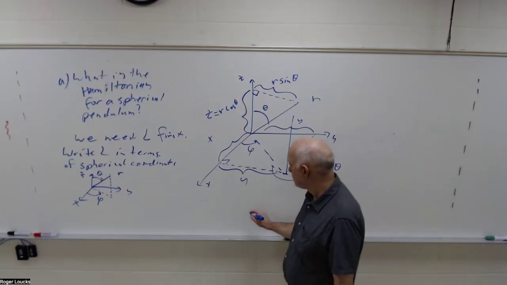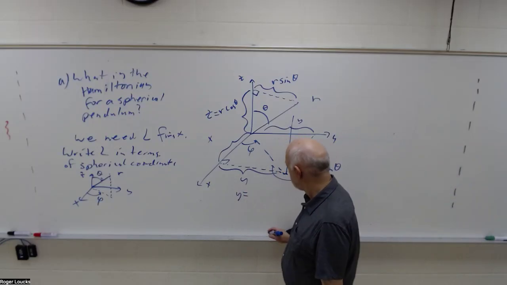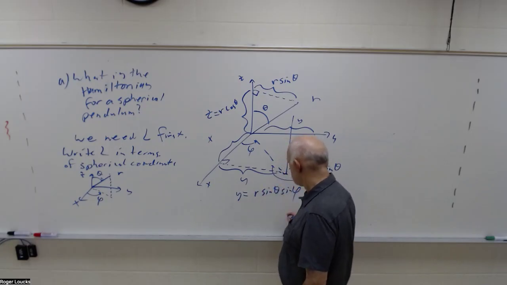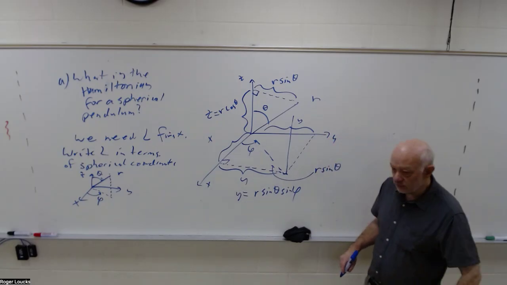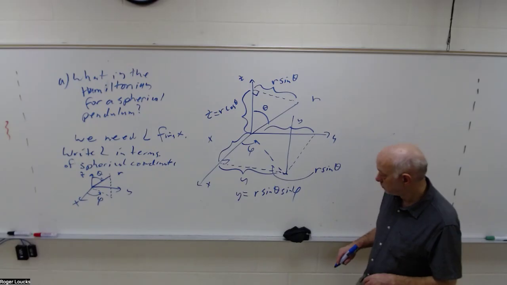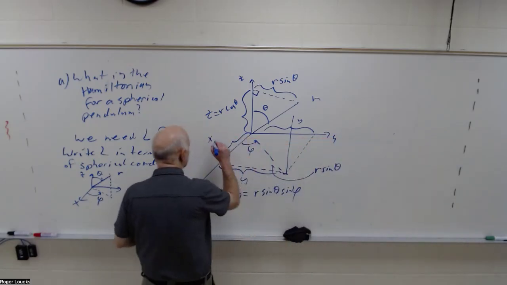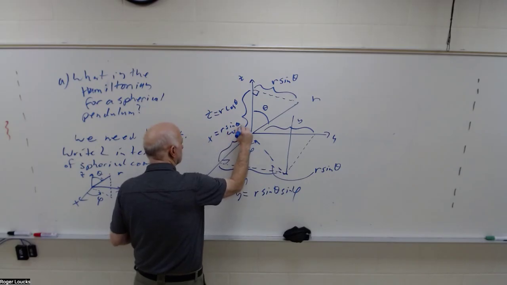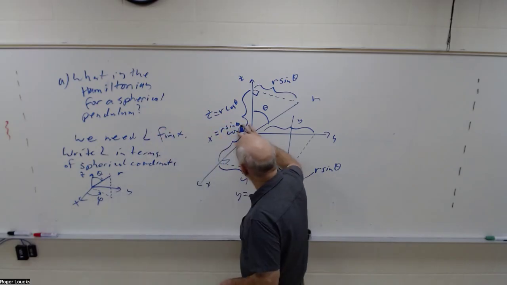Y is going to be R sine theta sine phi. And then our X is R sine theta cosine phi. Should be consistent, right?